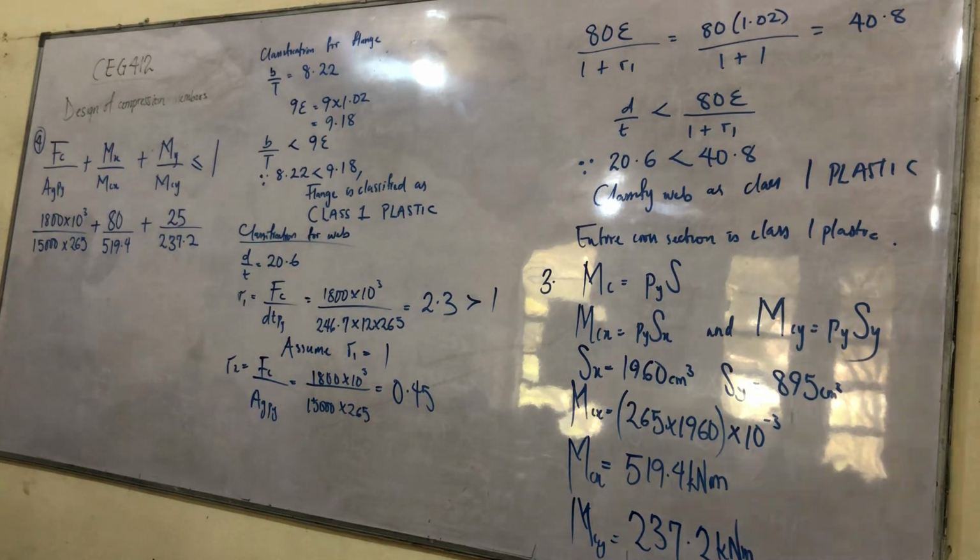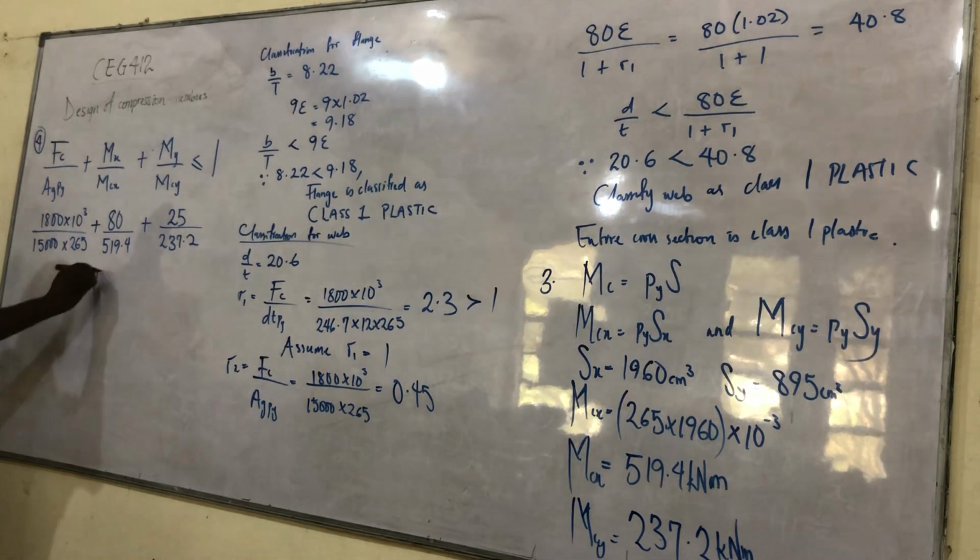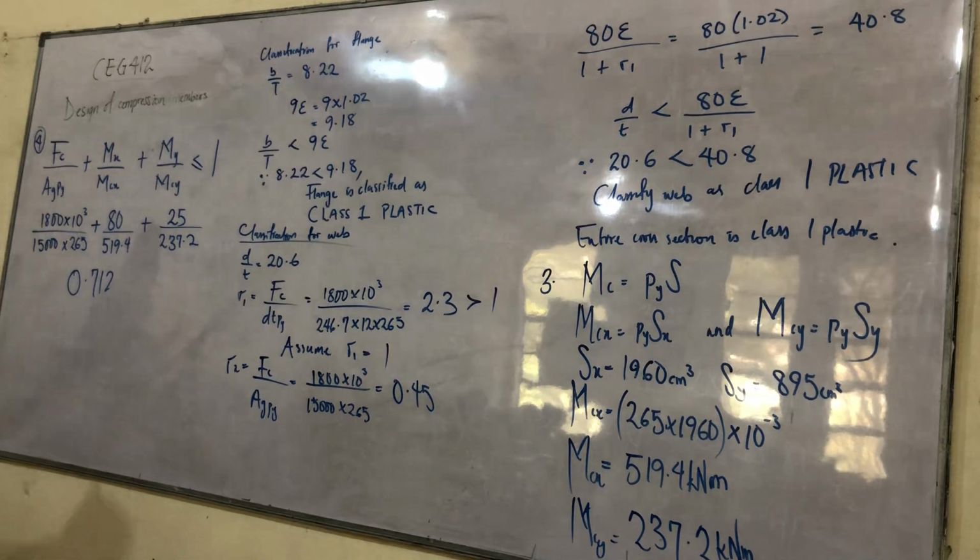So this is our step 4. What did you get? 4 points? That's wrong. Your answer should give 0.712. So 0.712. Is it lesser than or equal to 1 or greater than 1? So this check passes, right? So you move on to step 5.